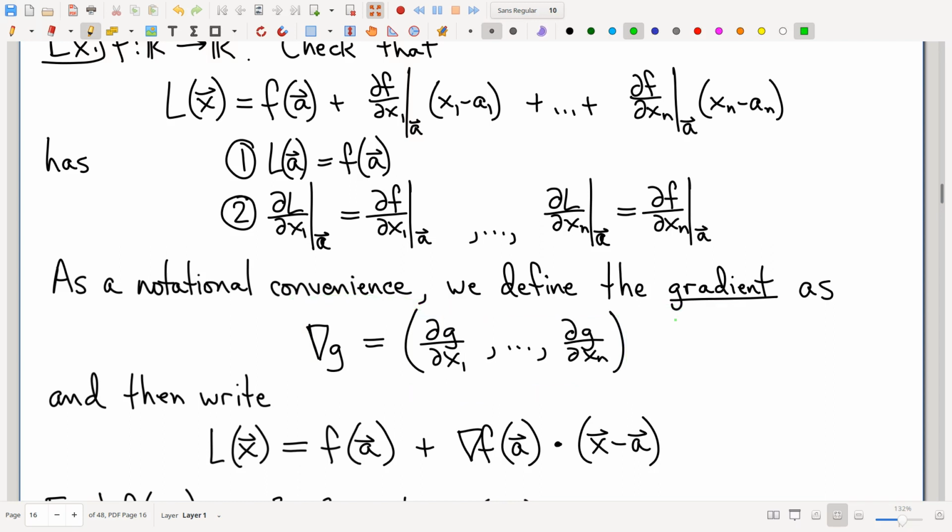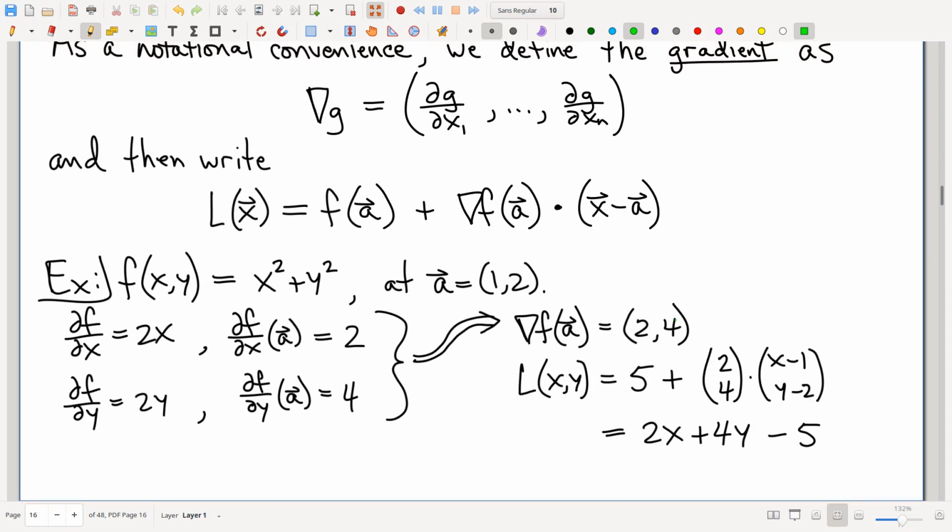Okay, so with all that in mind, let's do one. Let's find the linear approximation of this function right there. If you want to do a linear approximation, we have to decide at what point we are doing the approximation. So I'm going to say (1, 2). That's our A. And how do you compute this approximation? Well, it's really just plug and chug.